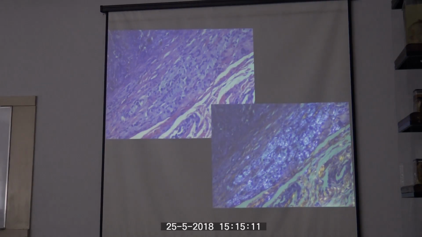And if you polarize that, if you get lucky, we have not always been able to repeat this, this crystalloid material accumulating within the macrophages is expected to be polarizing. So when you see this, this is typical of tear film from those meibomian glands that is being released into the tissue.